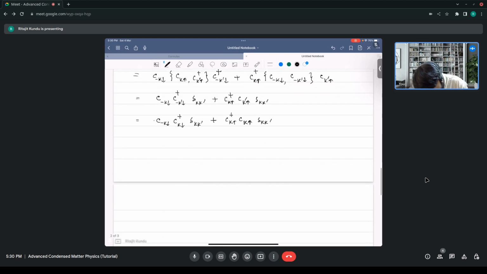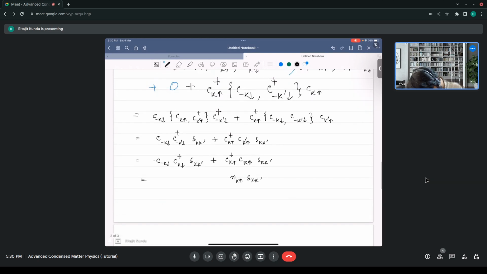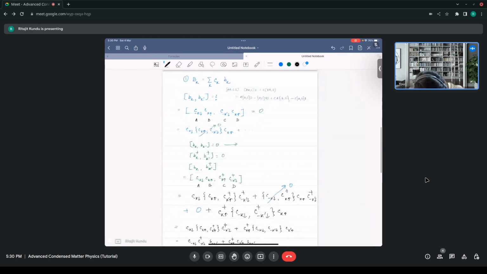Now we see that this is actually n k up, right? So this is a number operator for the k mode and spin up. This is fine. On the other hand, I have this term which is not n k, but actually 1 minus n k.